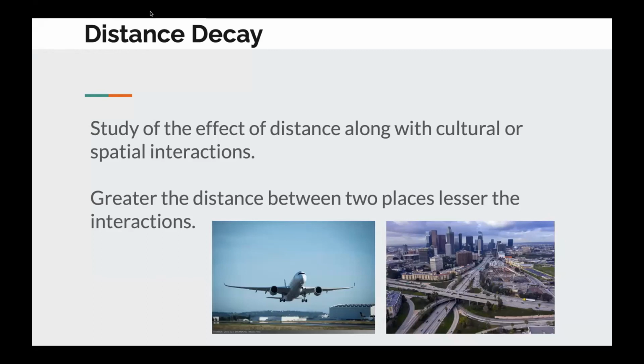So distance decay impacts how many customers the shop can attract from nearby towns and cities. We can use this to get a better customer base and have a good business.